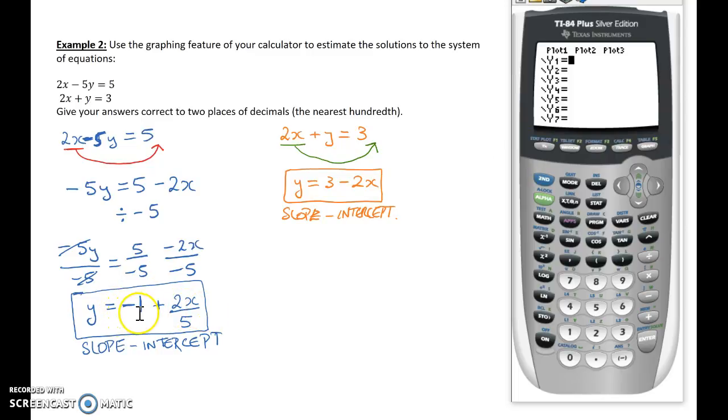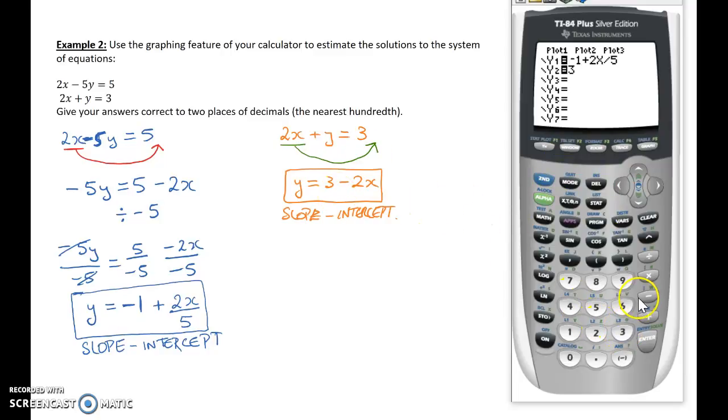If we're starting with a negative number, we use this minus down at the bottom. So if you're starting an equation with a minus, use the minus that's in parentheses down at the bottom of the screen. So it's minus 1, and then it's plus 2x divided by 5. So that's the first equation, minus 1 plus 2x over 5. Come down to the next line, and you have y equals 3 minus 2x.